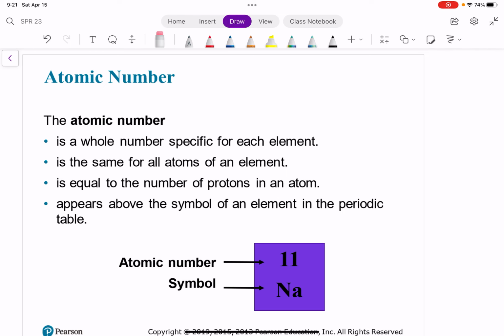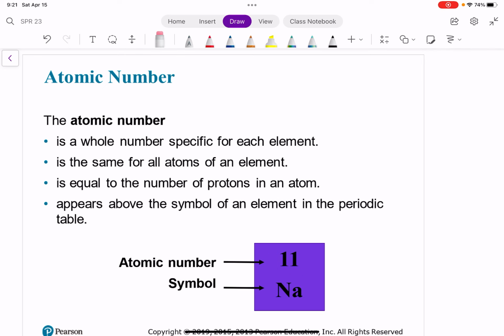That's the same for all atoms of that element. So if you have one sodium atom, the atomic number for that sodium atom is 11, as is for another sodium atom. Okay? And that atomic number is also equal to the number of protons in an atom. So when you're looking at sodium, we actually know how many protons are in an atom of sodium, and that's 11.